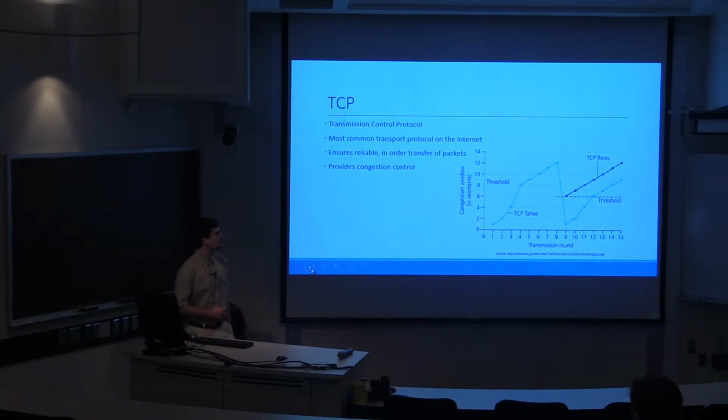So at the start of a connection, TCP exponentially increases the rate at which it's sending data until it reaches a threshold, and it increases linearly until it experiences a drop. And I'll define that in just a second. But the key thing to know is regardless of TCP version, once a dropped packet is experienced, it cuts the throughput, or the rate at which it's sending data, tremendously, at least in half.